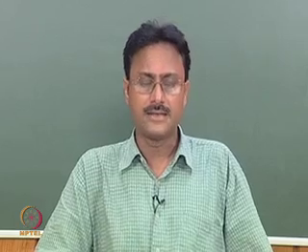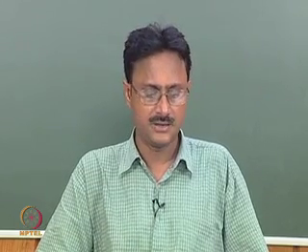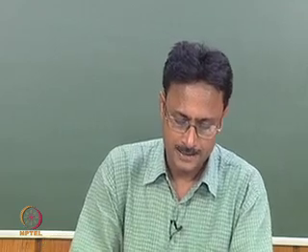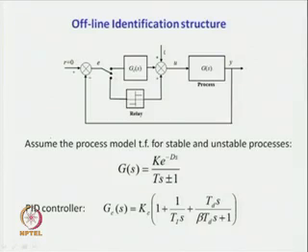An upline identification structure can be given like this, where R0 equals 0 when the relay is in action, whereas R0 is not equal to 0 when the controller is in action. That means, when the controller is in action and the process is in operation, the relay test cannot be initiated.